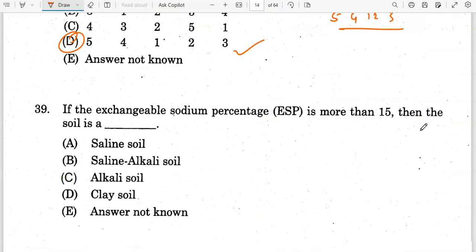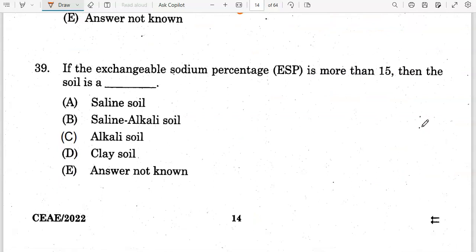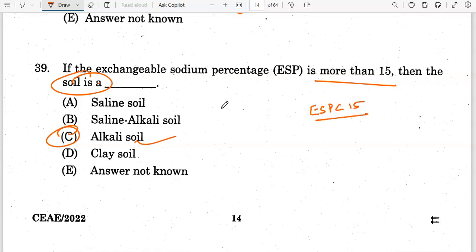Next question, if the exchangeable sodium percentage is more than 15, then the soil is said to be alkali soil. When it is less than 15, it is said to be saline soil. The pH of the saline soil is less than 8.5.